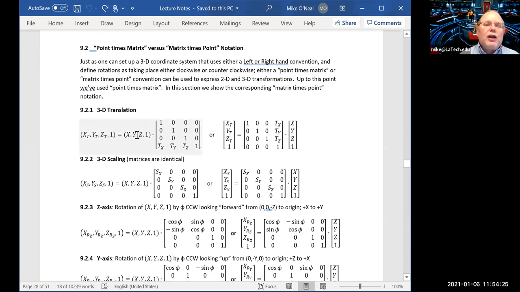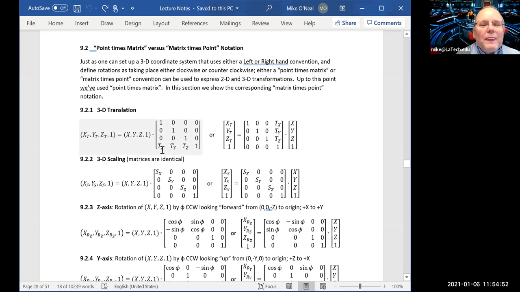This is the same math, exactly the same math. It's just that I'm doing a point times a matrix here, which gives me my X, Y, and Z out linearly in a row, which is what we're used to seeing. Or I could do the same math by taking the matrix times the point, but we express the point as a column. If you do that, your same answer will come out, but in column form.